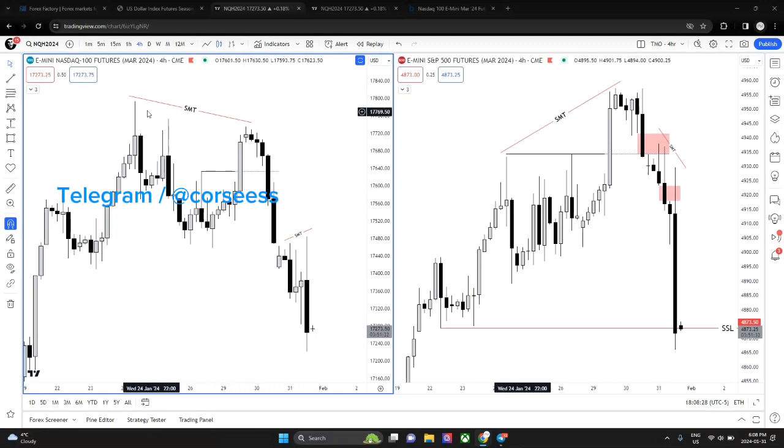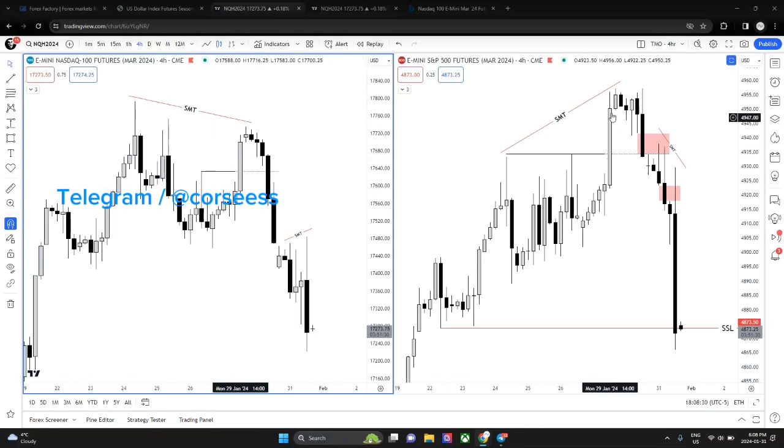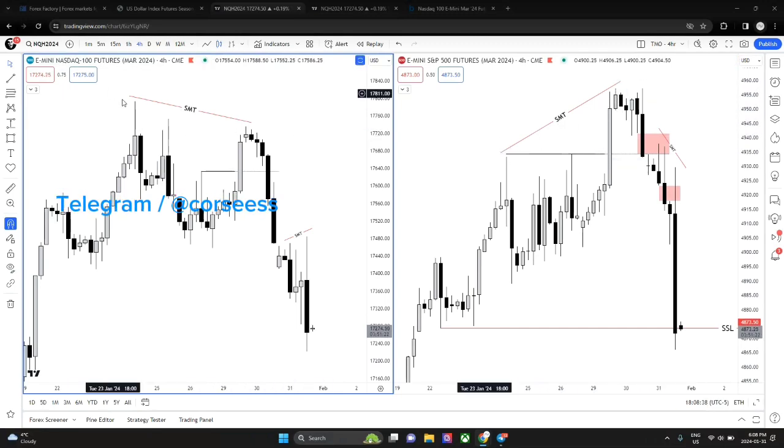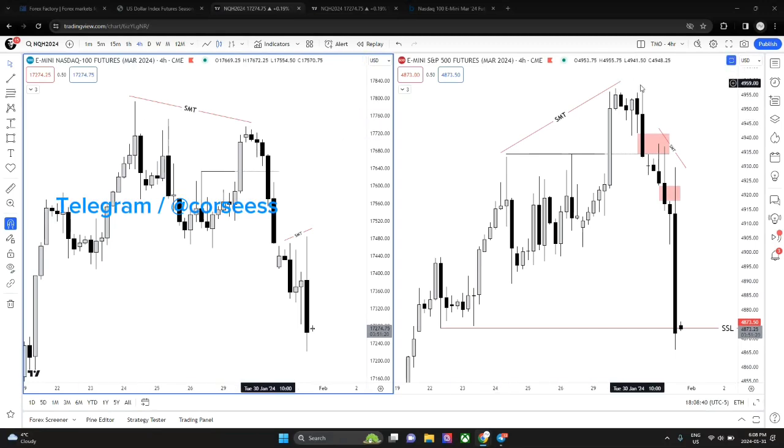right? And then we had the S&P 500 taking out this high, while this, which is the NASDAQ, formed a lower high. After that, we could still see a weakness here, right? You could still see a weakness here. How could you see a weakness here?